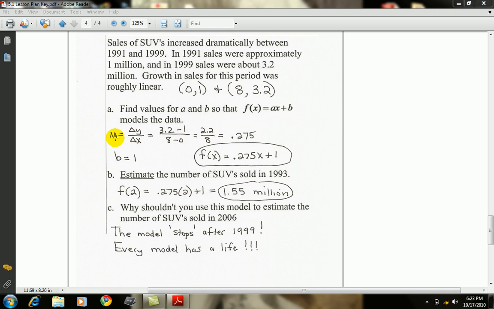I need to find the slope. I call it m because that's what you're used to, but when you plug it into their formula, you call it a. Some students ask, how come they change it on us? One time they call it m, one time they call it a.